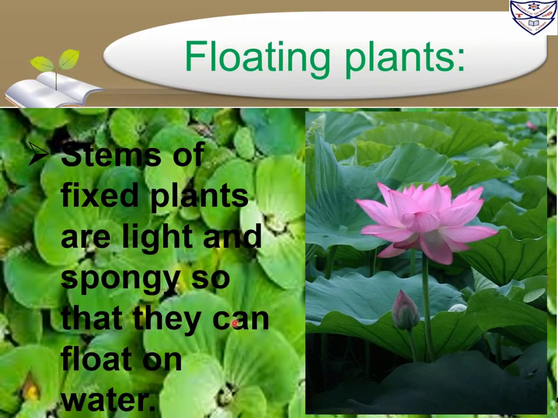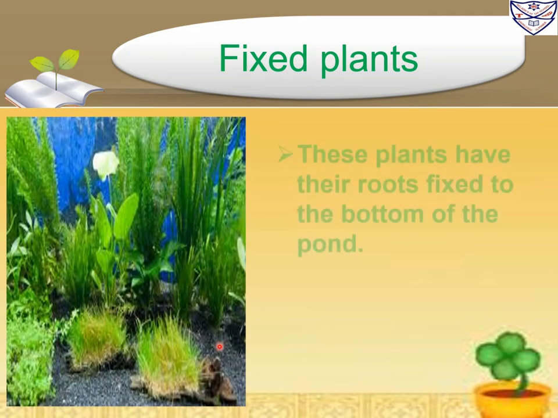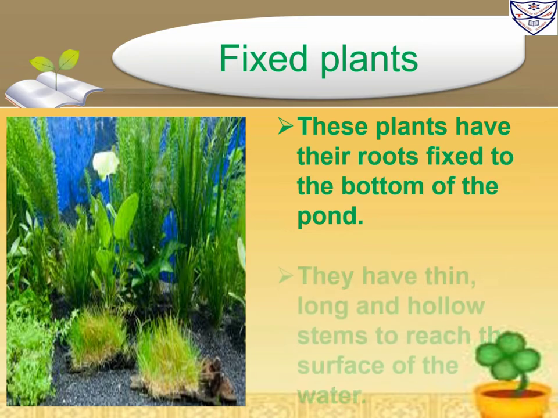Duckweed and water hyacinth are floating plants. Fixed plants. These plants have their roots fixed to the bottom of the pond. They have thin, long and hollow stems to reach the surface of the water. Leaves of these plants are broad and flat with a waxy coating on the surface to prevent them from rotting.